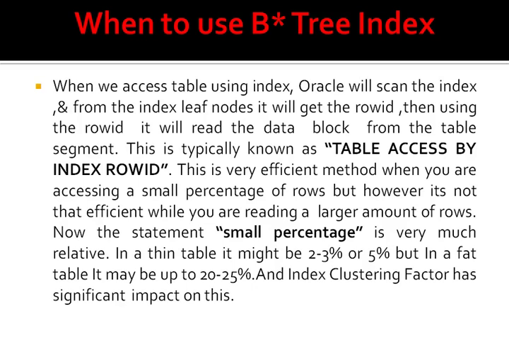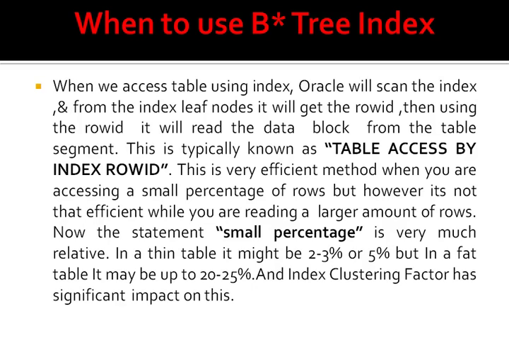Now the statement small percentage is very relative, because in a thin table it might be 2-3% or 5%, but in a fat table it might go up to 20 to 25%, and this percentage can also differ based on index clustering factor.